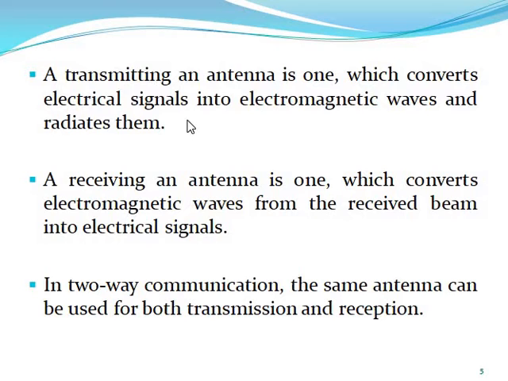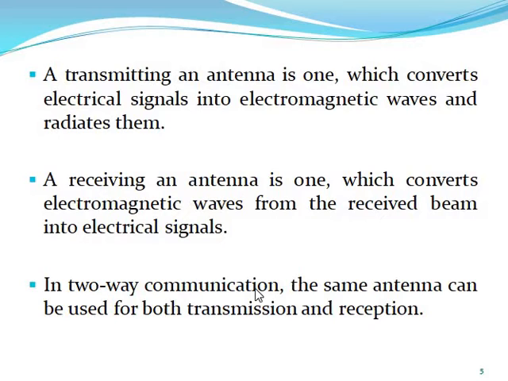The transmitter converts the electrical signal into electromagnetic wave, and the receiver converts the electromagnetic wave into an electrical signal.